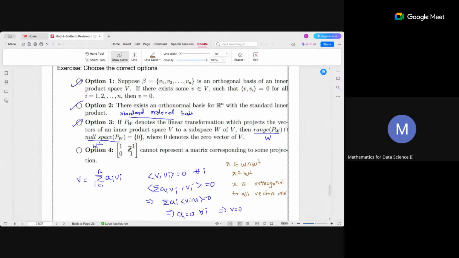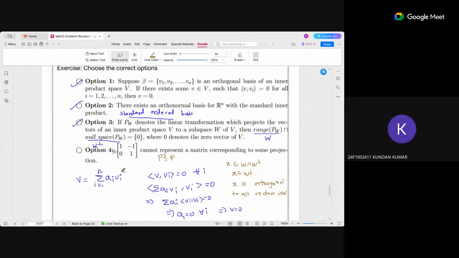What about option 4? The matrix with entries 1, minus 1, 0, 1 cannot represent a matrix corresponding to some projection. What do you know about projections? P square is equal to P, right? So does this matrix satisfy A square equal to A?